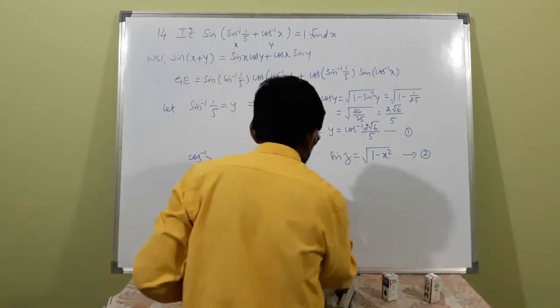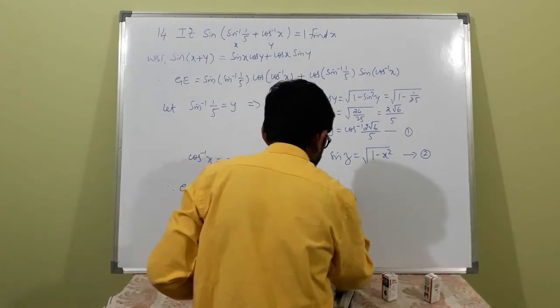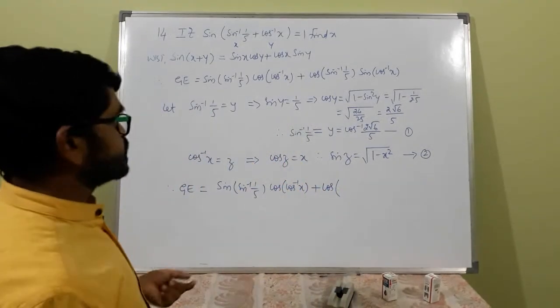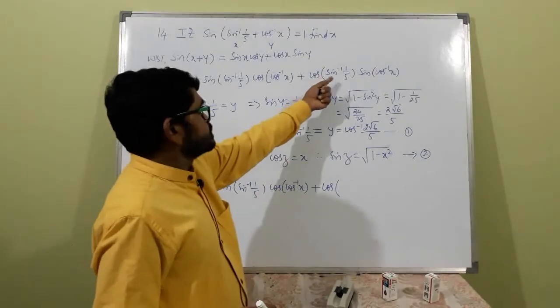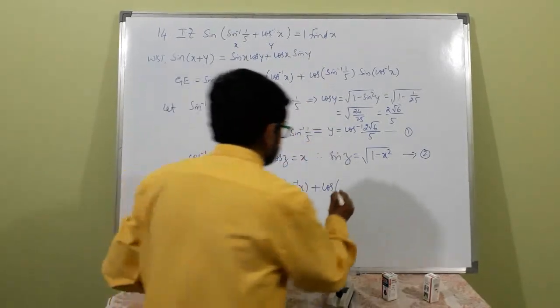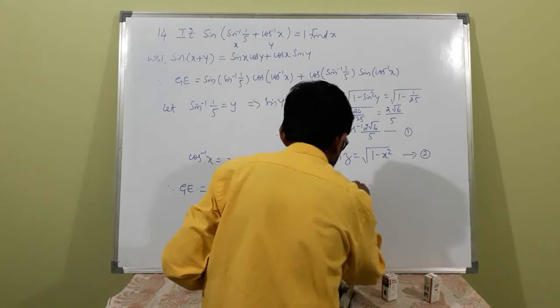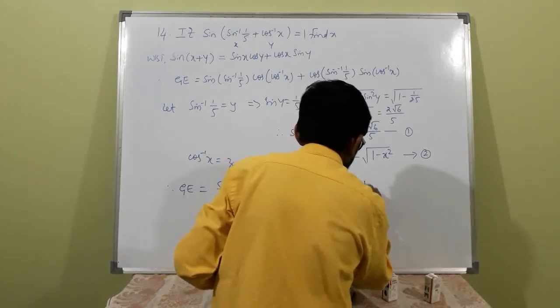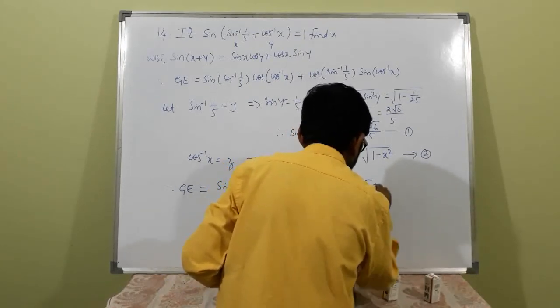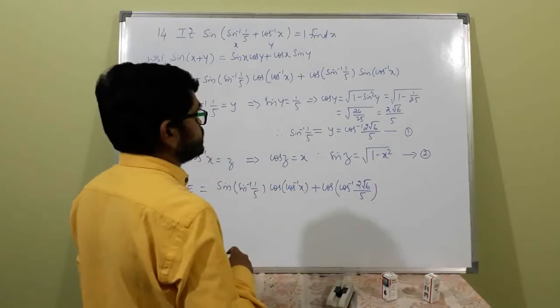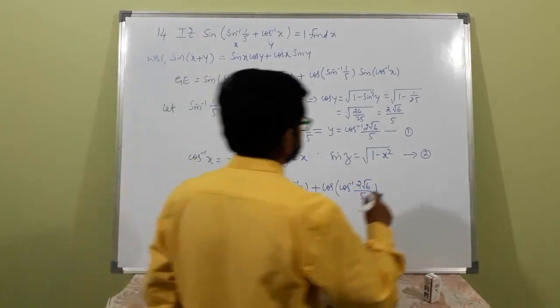Here cos and sin are mixing together, so you have to express sin in terms of cos here. Sin inverse 1 by 5 is cos inverse of 2 root 6 divided by 5. Okay, now you can cancel cos and cos inverse.